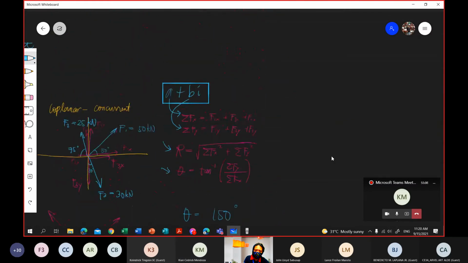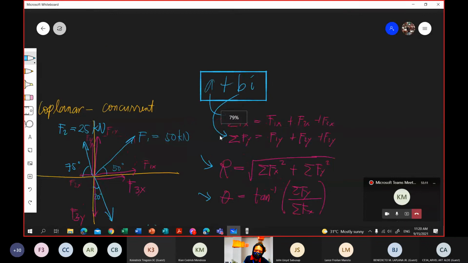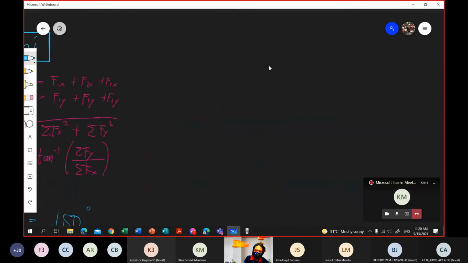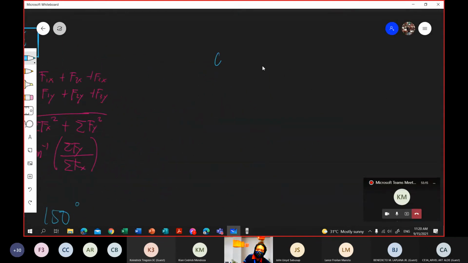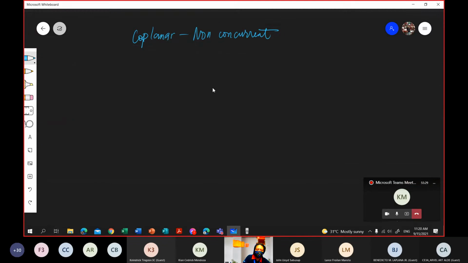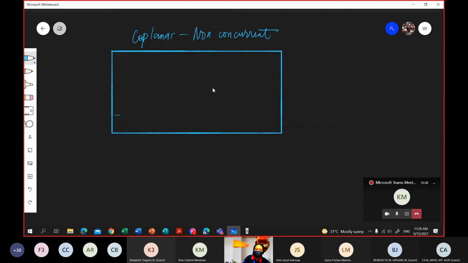Okay, let's go now to, so this is coplanar concurrent. Next is coplanar non-concurrent. Coplanar lagyapi pero diri na siya concurrent.